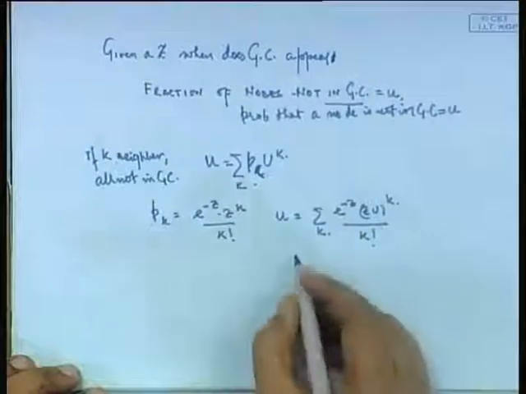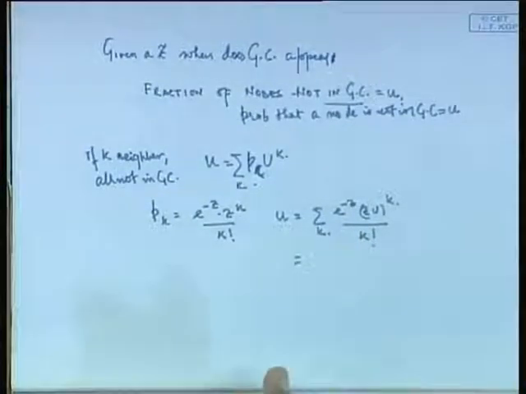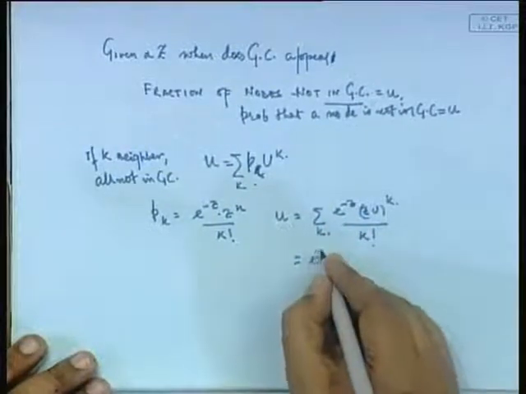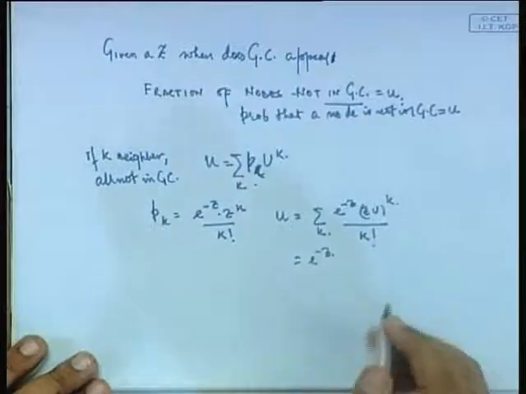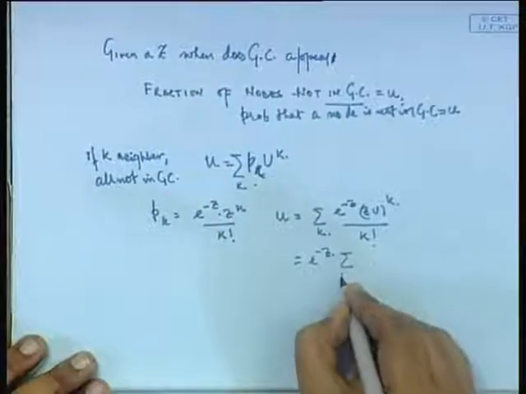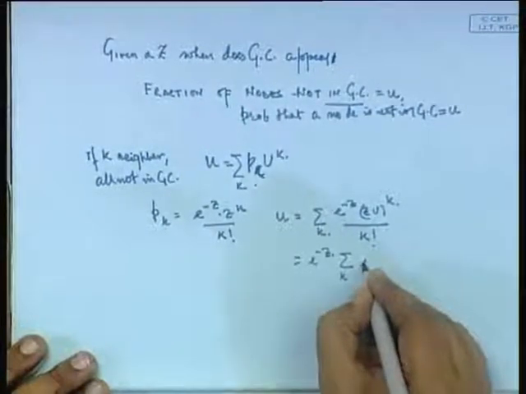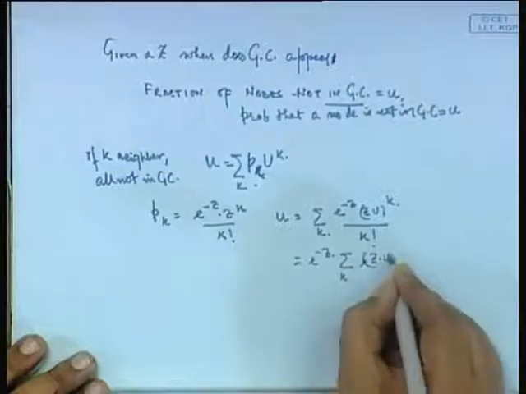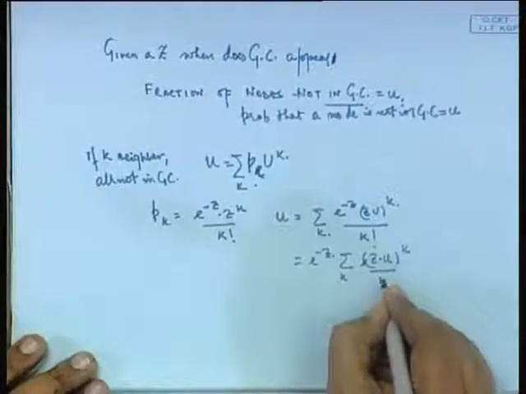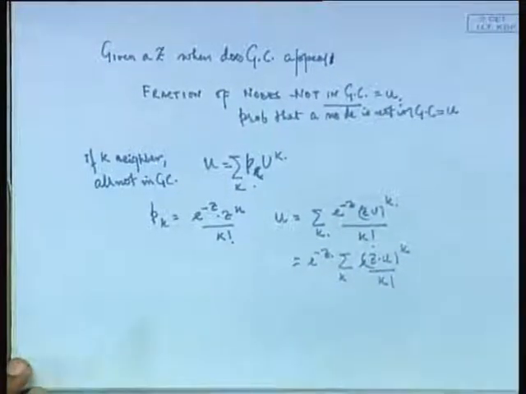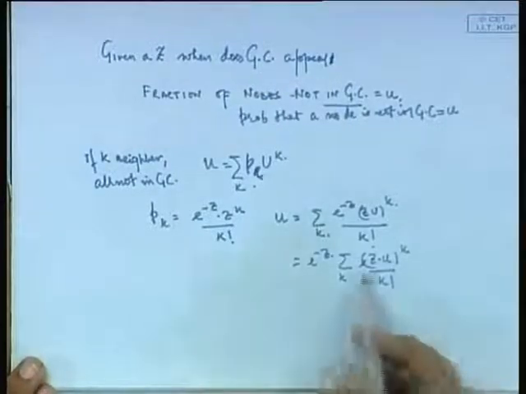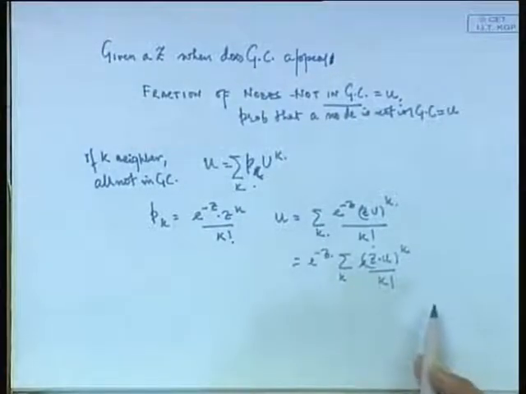And what is this? You can take out e to the power minus z. Very good. This is e to the power z u, because it is again Taylor's expansion.